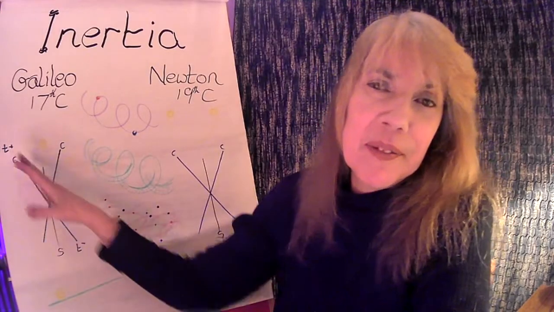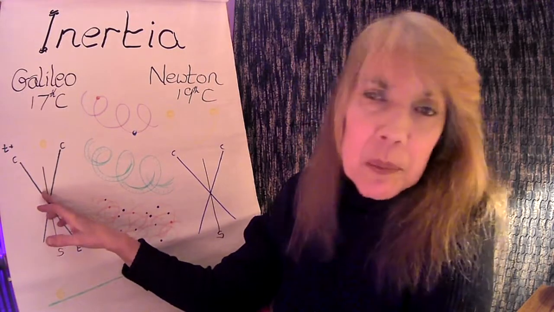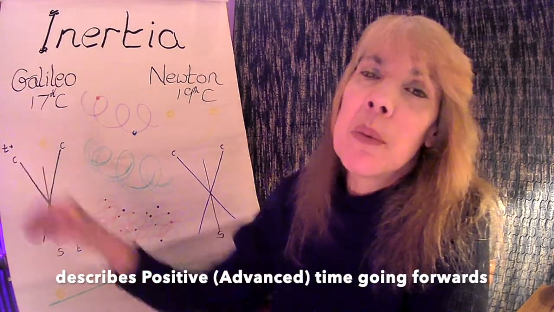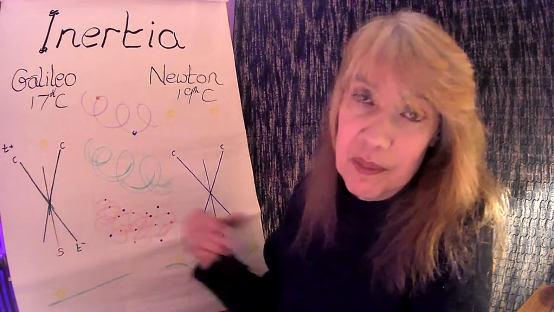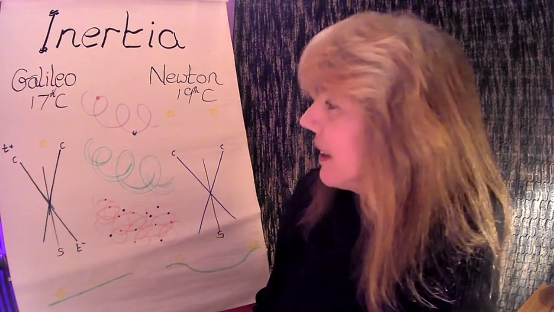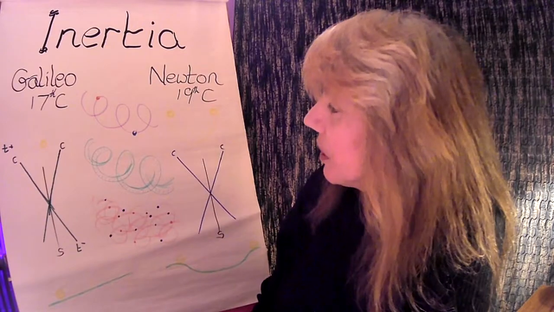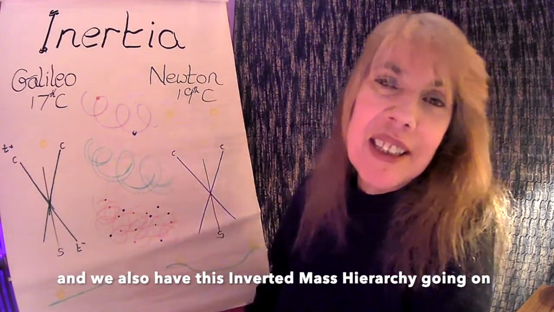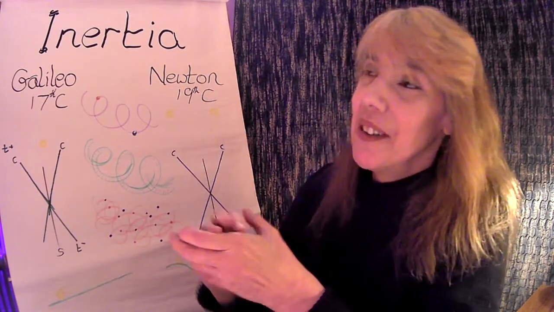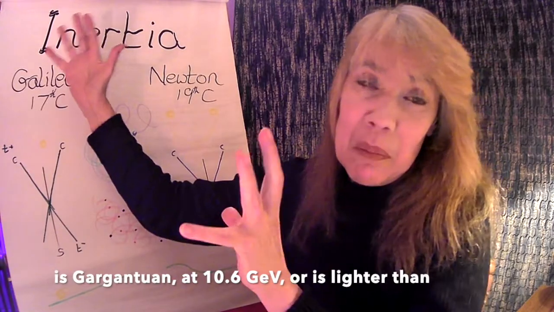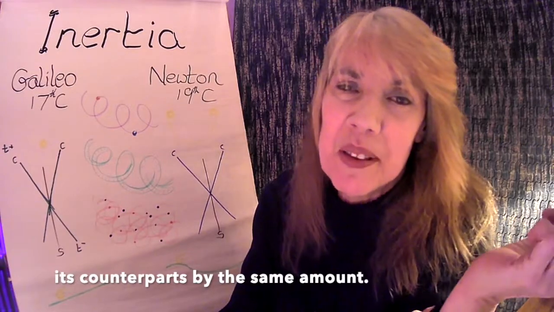This light cone affair that we see so commonly in physics papers is describing positive time, i.e. time moving in the forward motion that we're familiar with, and reverse time, or time that is flowing in the opposite direction. And because we have this time reversal going on, and we also have this inverted mass hierarchy going on in the neutrino field, and because we don't know whether this tau neutrino is gargantuan at 10.6 GeV or whether it's lighter than the other two by the same amount.